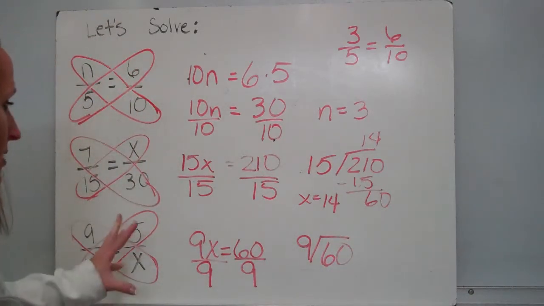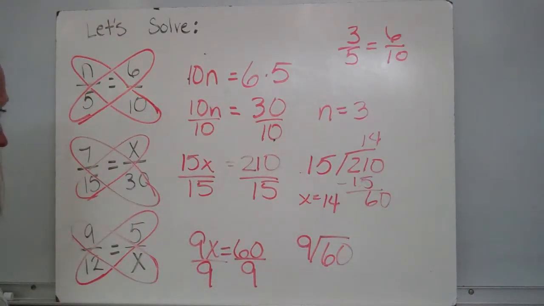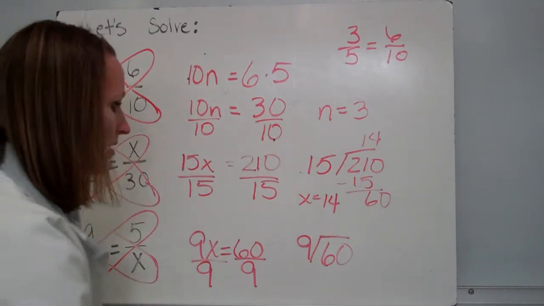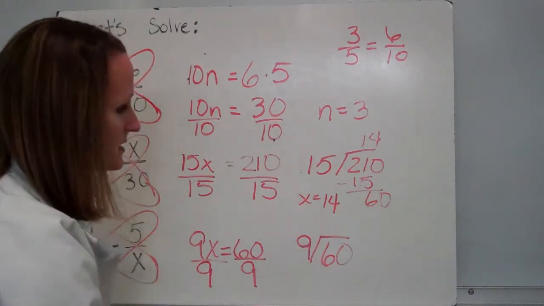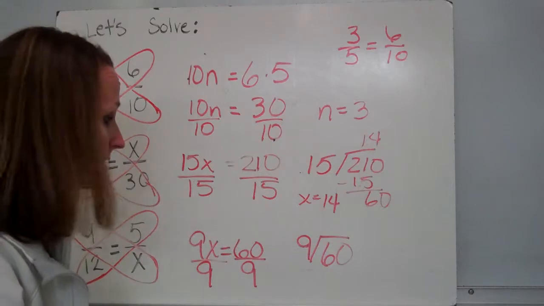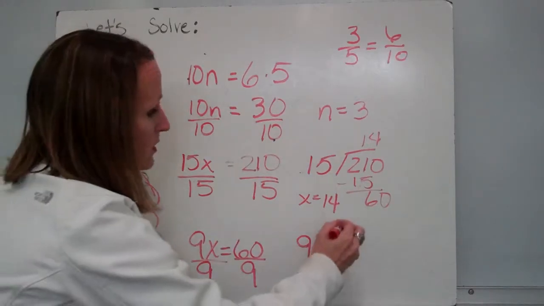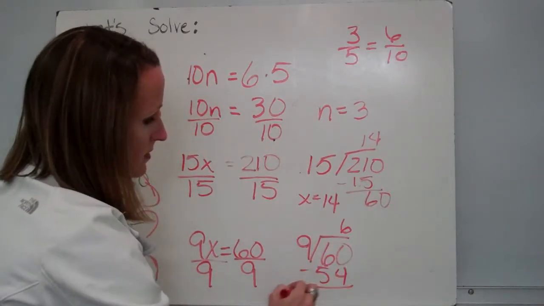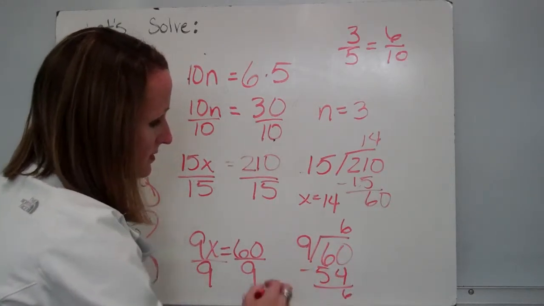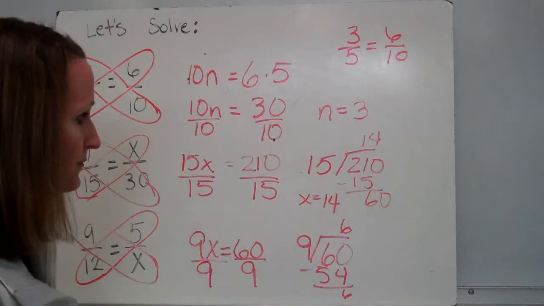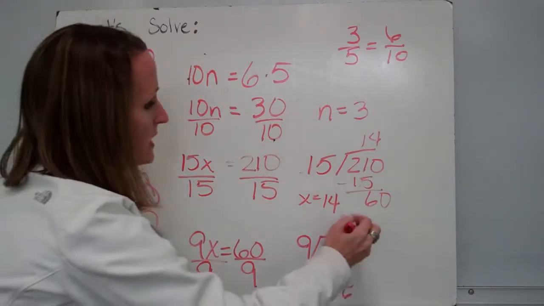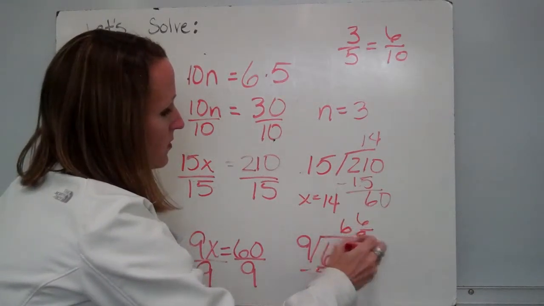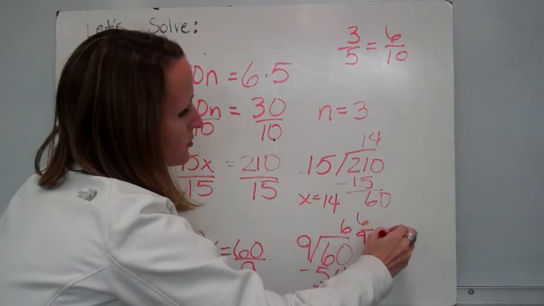This time it doesn't come out quite so evenly. 9 goes into 60. Let's see. We know that 9 times 6 gives us 54. Which is going to give you 6 and 6/9, or 6 and 2/3.